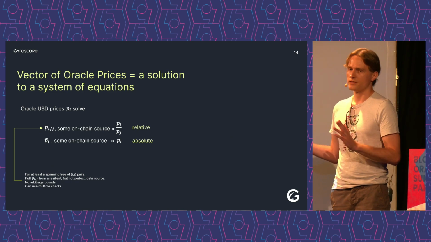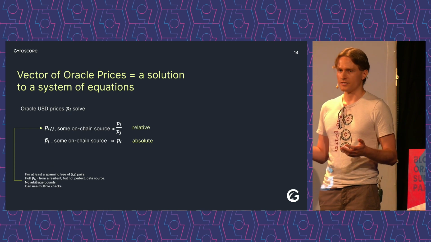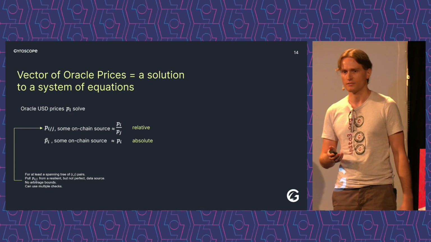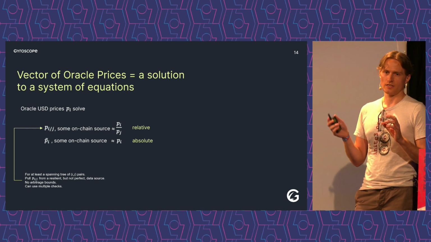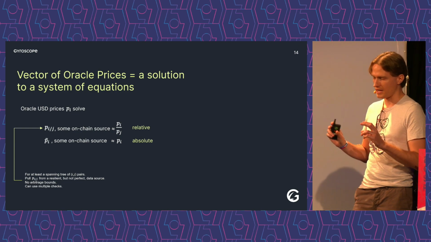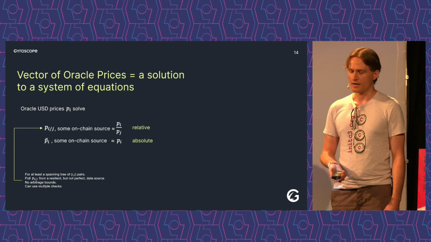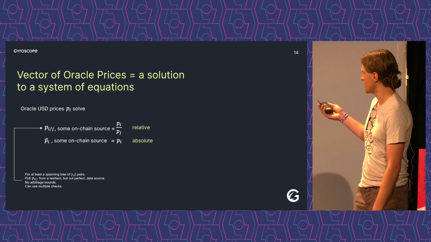And the other type of check is what we call an absolute price check. Here we're double checking that the overall price level in the system makes sense, because for the relative prices you need something that connects back to USD, the desired quote asset, and the relative prices don't actually give you that, so you need some extra check on top of it.